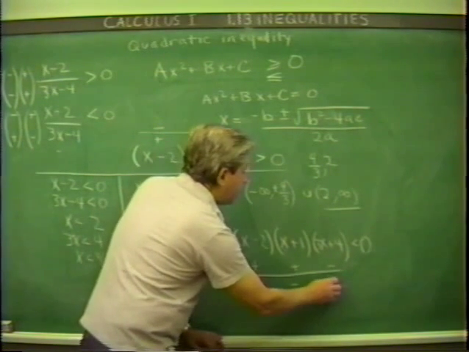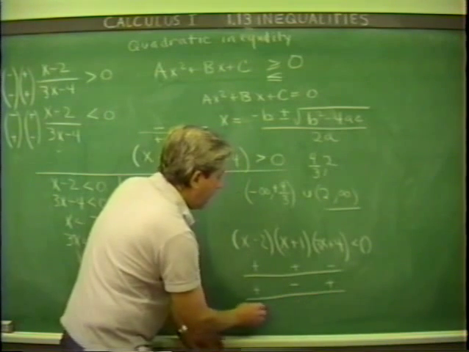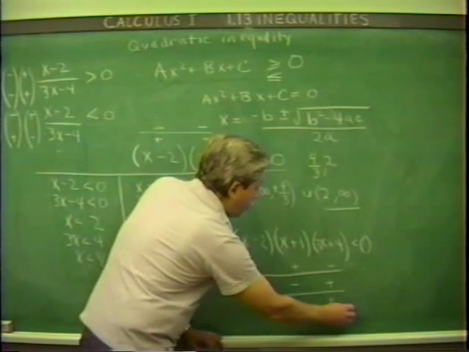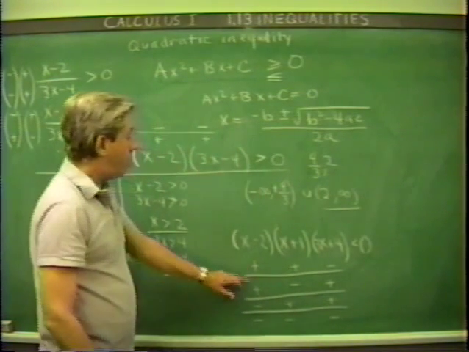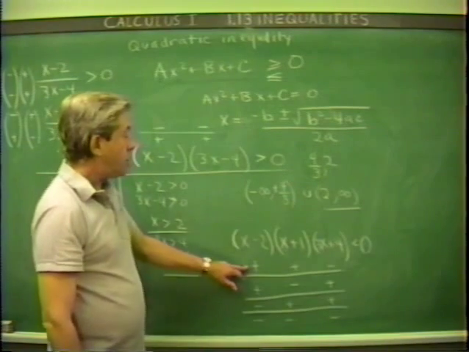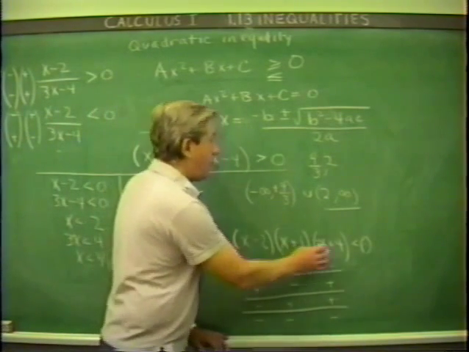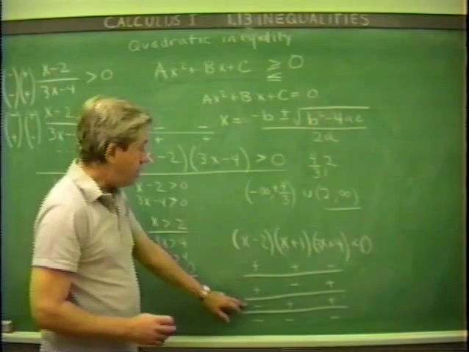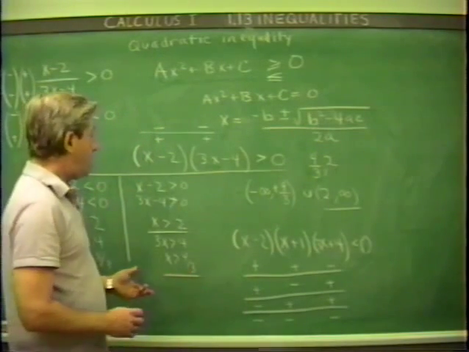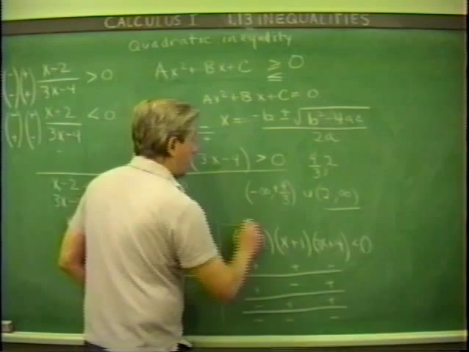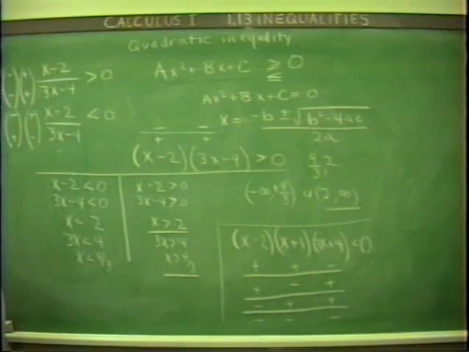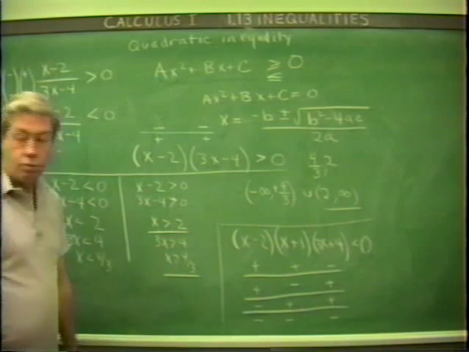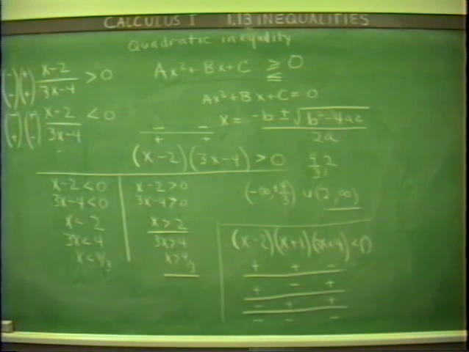This could be positive, this positive, and this negative, or this positive, this negative, and this positive, or this negative, and this positive, and this positive, or the final case, all three of them could be negative. If you consider all of these cases, find the solution set for each, and union them up, this will give you the solution set for this inequality.